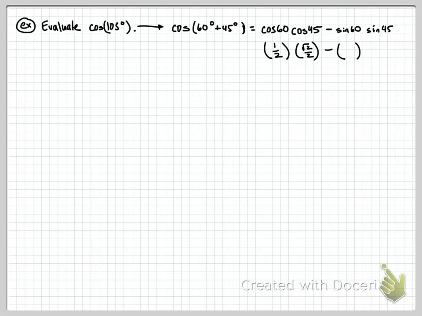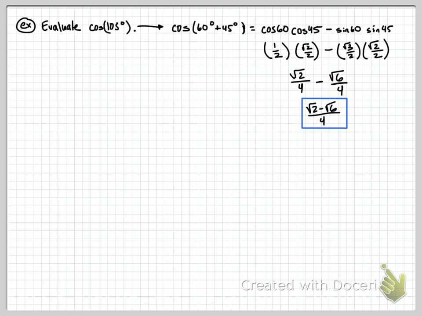Sine of 60 is rad 3 over 2. Sine of 45 is rad 2 over 2. Multiply, we get rad 2 over 4, minus rad 3 times rad 2, rad 6 over 4. Combine our like terms, we get rad 2 minus rad 6 all over 4. I know that doesn't look pretty, but that's your final answer.